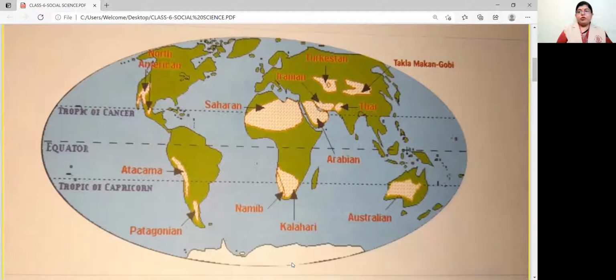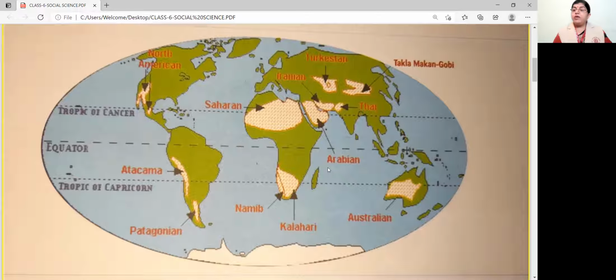Now see, what I was telling, that through Tropic of Cancer and Tropic of Capricorn, maximum hot deserts are passing. So this you have to keep in your mind. Just see, Sahara is there, and this Arabian desert is above and below the Tropic of Cancer. Can you see this? I'm revising.